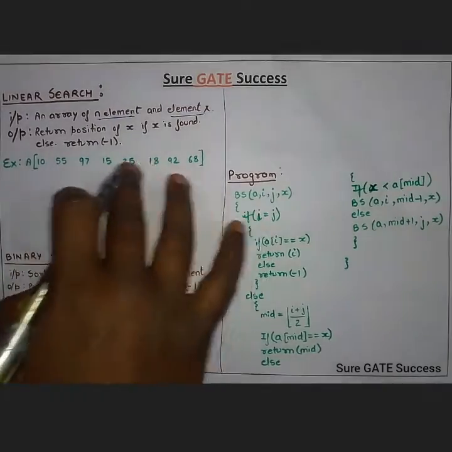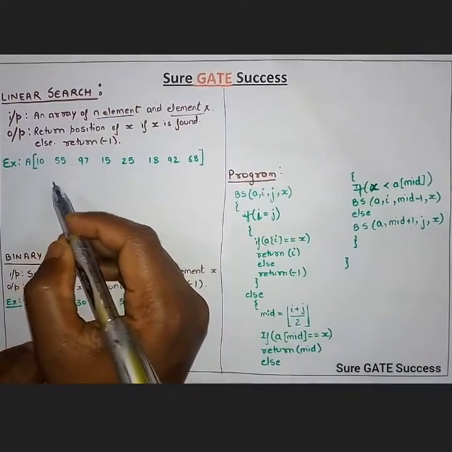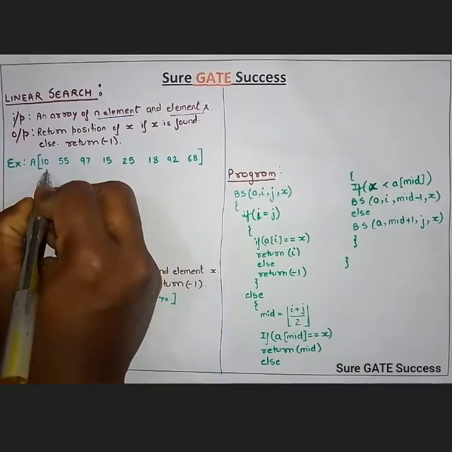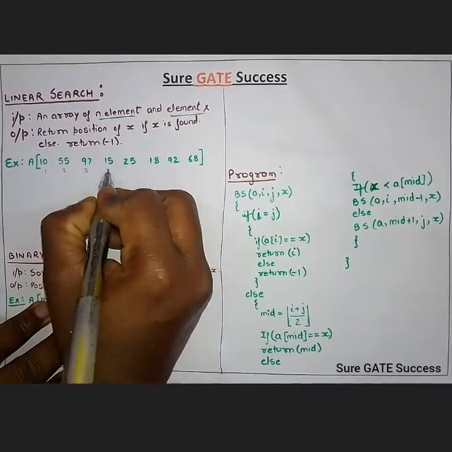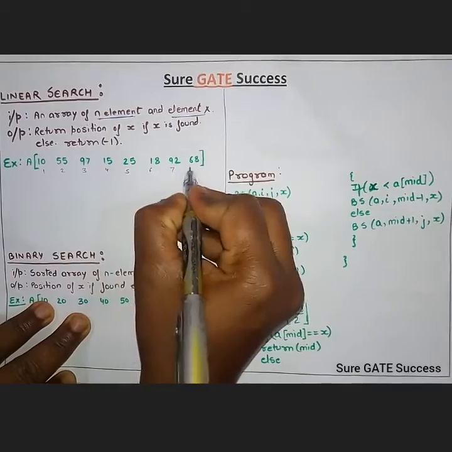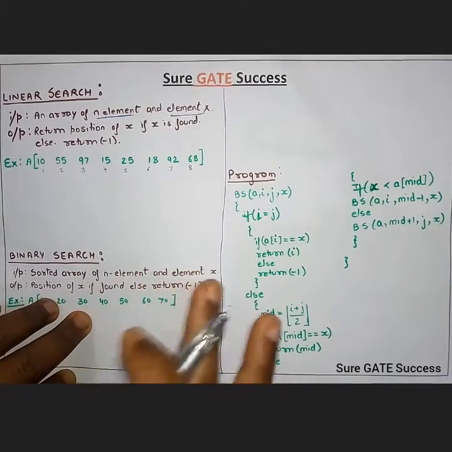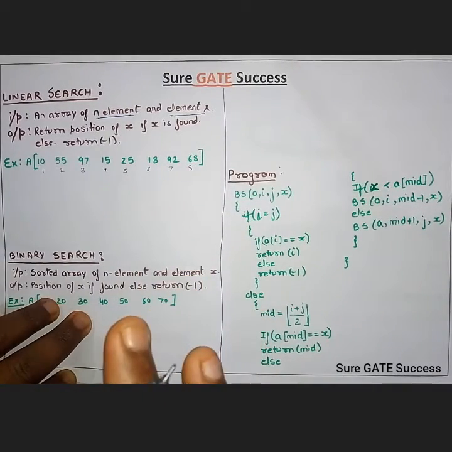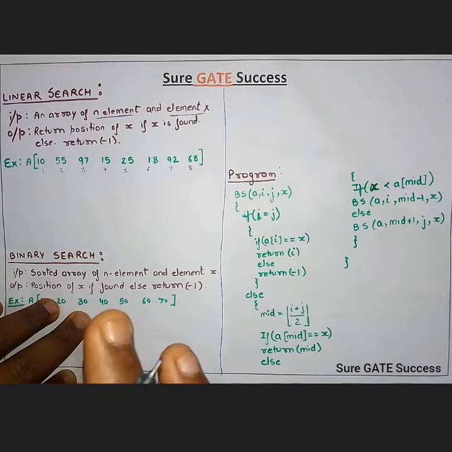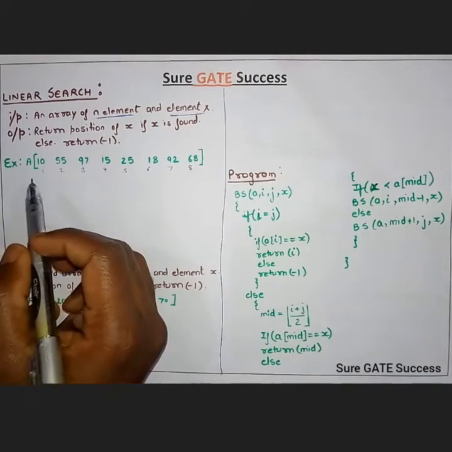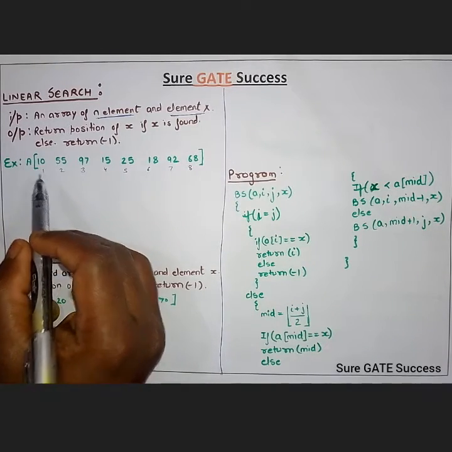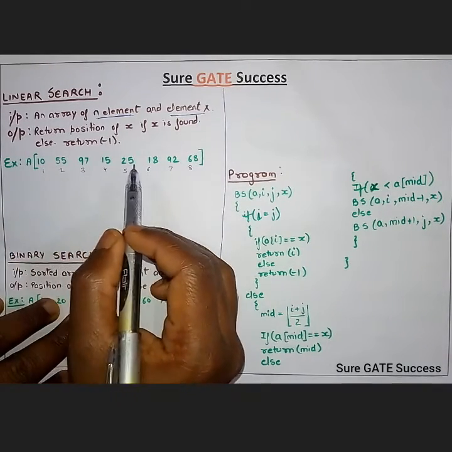For example, this is an array. Here we have 8 elements: 1 2 3 4 5 6 7 8. In linear search, we take each element and compare it with x, and move on further this way.